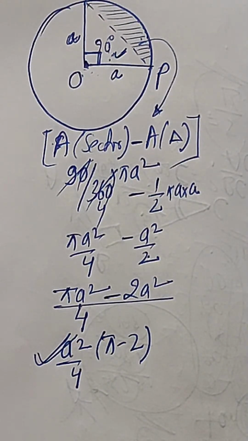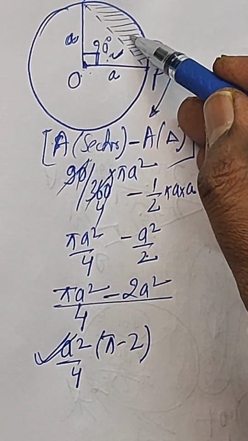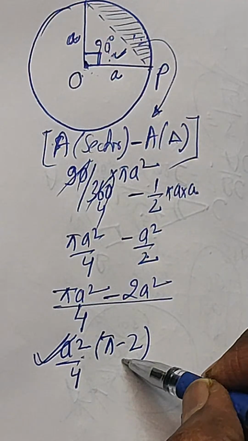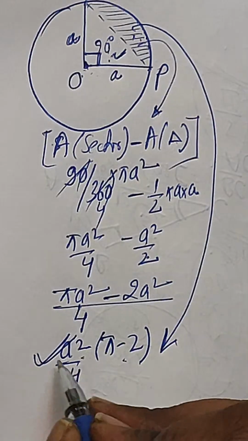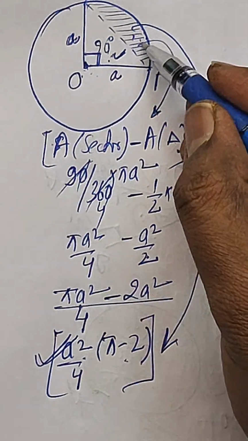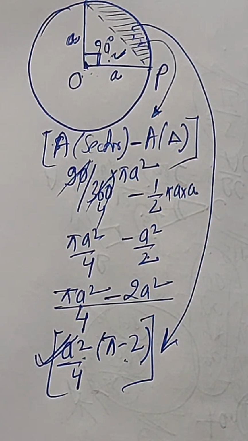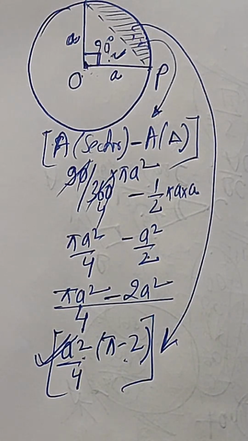So area of the segment is a square by 4 into pi minus 2, this one. This will be the area of the shaded area, segment area, right? A square by 4 into pi minus 2. In this way, we have solved this question.